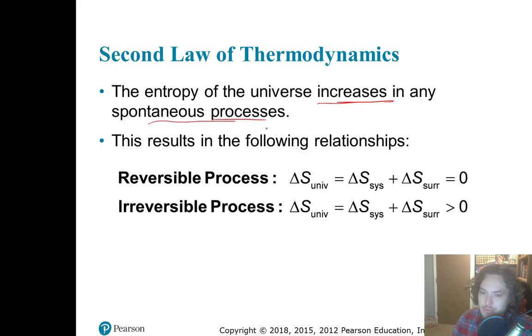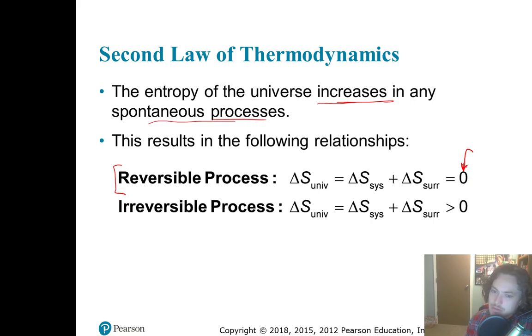So in a reversible process, we get this relationship: the change of the entropy of the universe is equal to the change of the entropy of the system plus the change in the entropy of the surroundings. And therefore that should equal 0. Because it's a reversible process, we should be able to go backwards without losing anything.